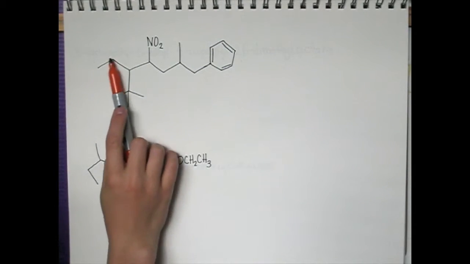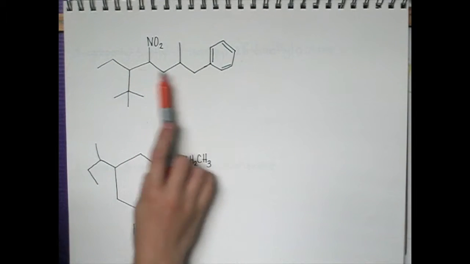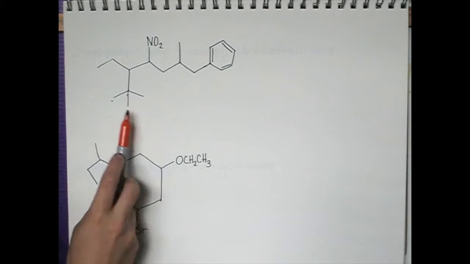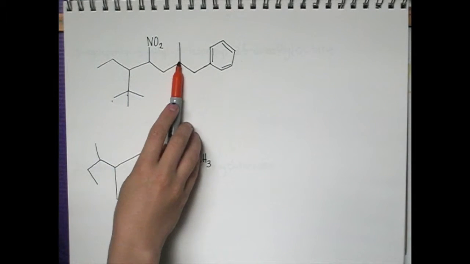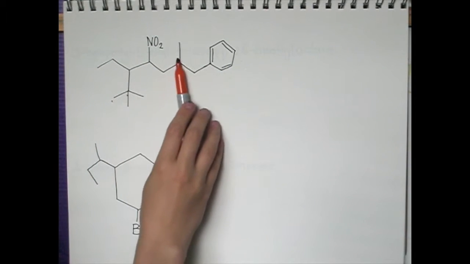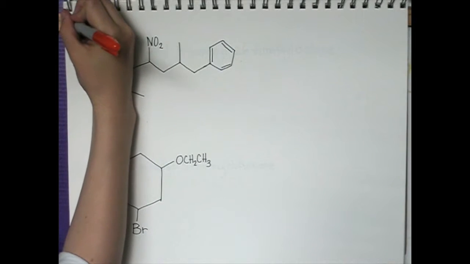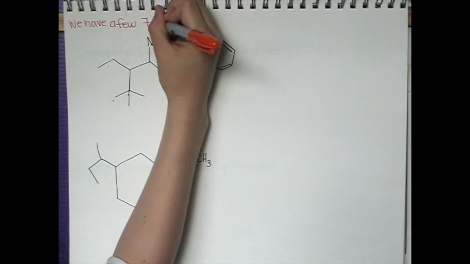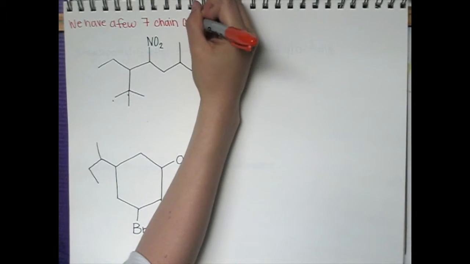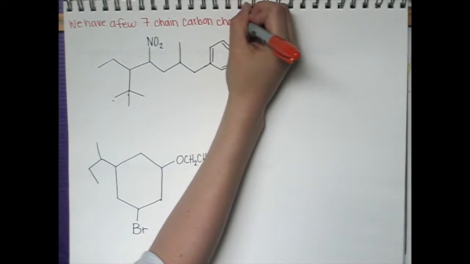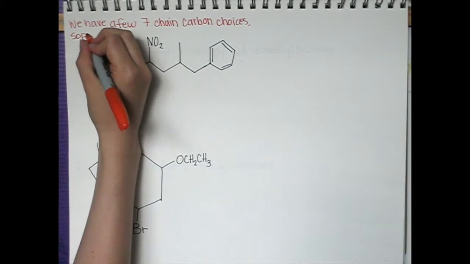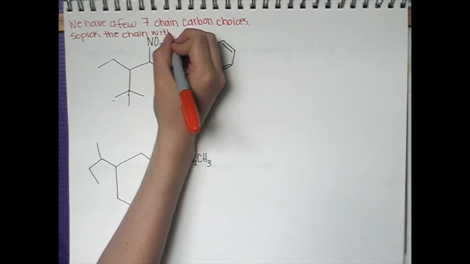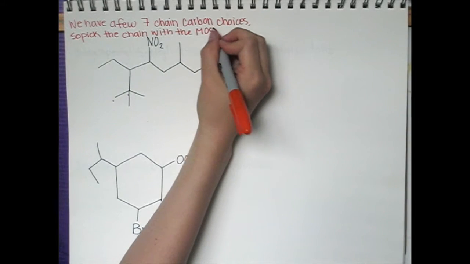It's usually the trickiest step. 1, 2, 3, 4, 5, 6, 7. 1, 2, 3, 4. 1, 2, 3, 4, 5, 6, 7. So we're going to pick the 7 chain carbon that has the most branches coming off, because we have a few 7 chain choices. So the choice with the most branches will be the chain that we pick.